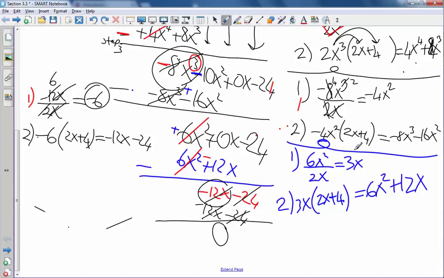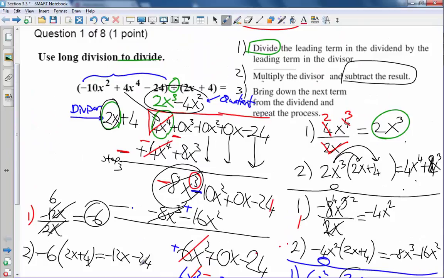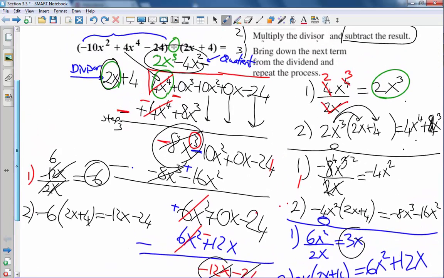I did the initial 2. I forgot the last 2 because I was just speeding up, rushing. And what were they again? 2x cubed minus 4x squared plus 3x minus 6. 3x minus 6, right?